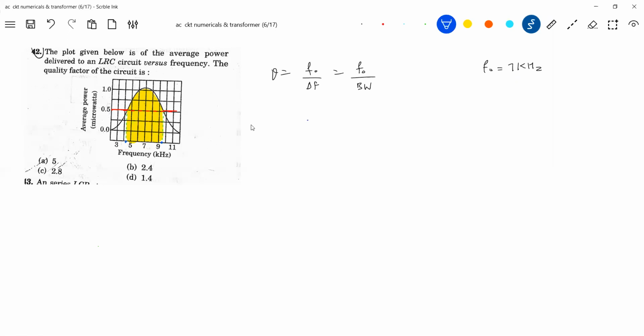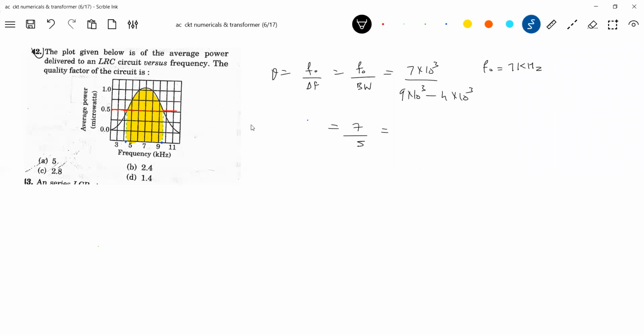Let me assume F naught is 7, upper cutoff frequency 9, lower cutoff frequency 4. Seven by 5.